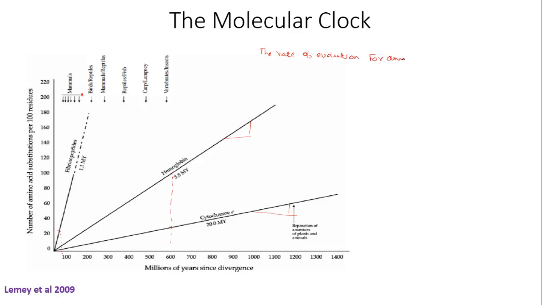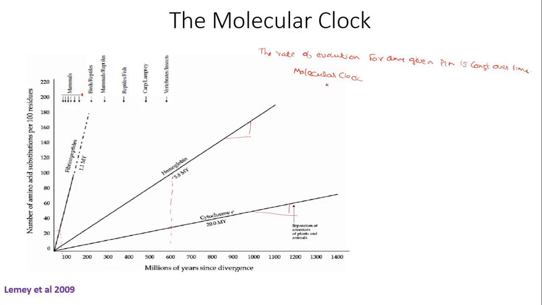Now, this suggestion implies that some sort of molecular clock exists. If the rate of evolution for any given protein is constant over time, then this observation eventually implies that some sort of molecular clock exists.